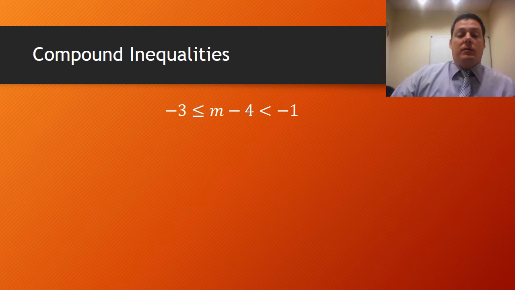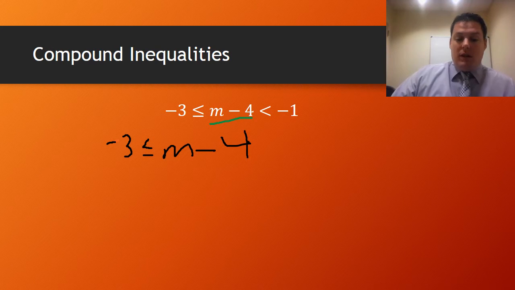All right, we also have something called compound inequalities, where we have something in the middle. When we're solving for one of these, we just have to do it to each side, or we want to think of this as two equations, which might be the best way to do it. So we have -3 is less than or equal to m minus 4, and then m minus 4 is less than -1.